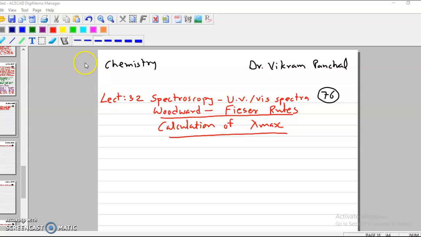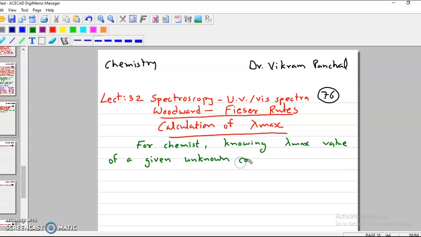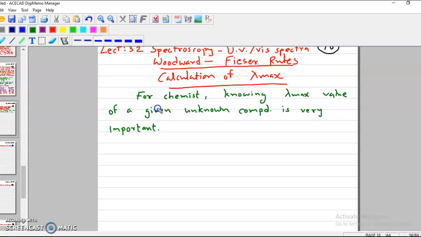Normally for a chemist, particularly for an organic chemist, knowing the lambda maxima value of a given unknown compound is very important, because it is one of the important parts of spectroscopy to identify the structure of an unknown compound. That is why it is very, very important at present.